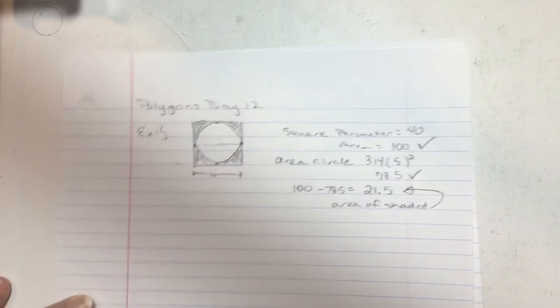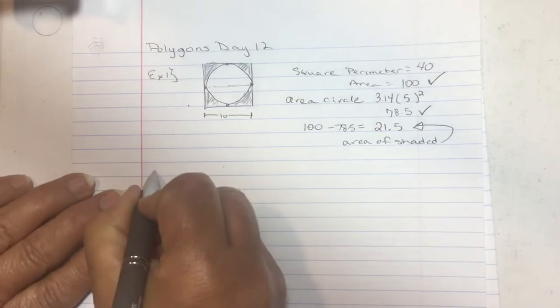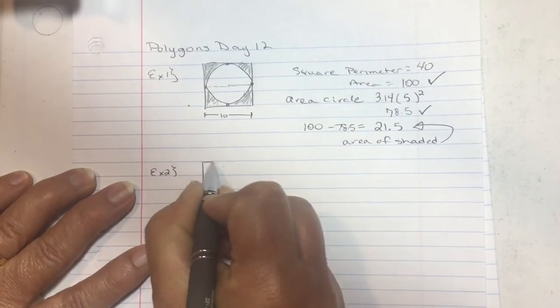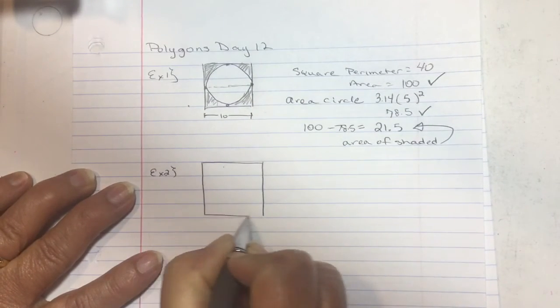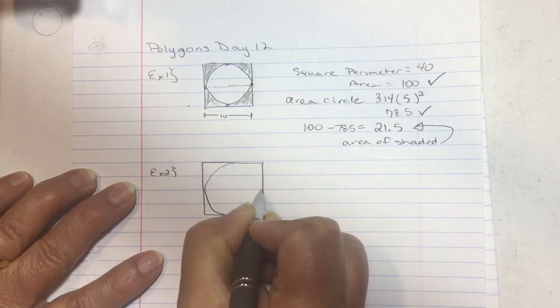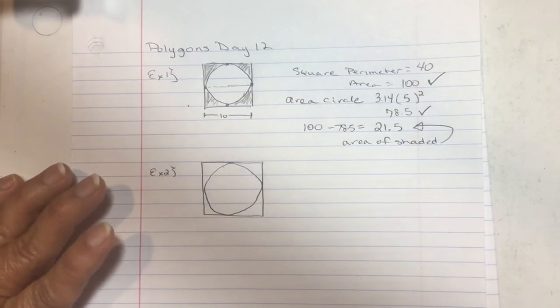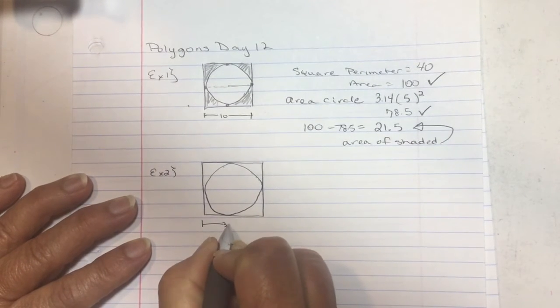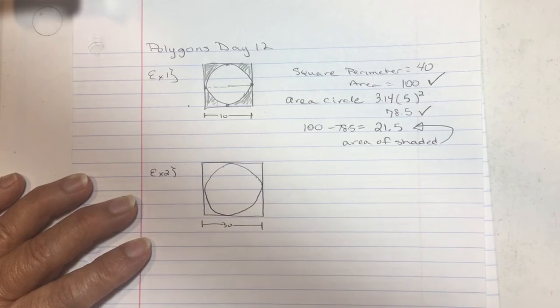Let me give you another one to try before you get busy on the ones on your worksheet. Again, I want you to draw a square and put a circle in it that touches the square on all the sides as best you can. And let's let it be 30 across.